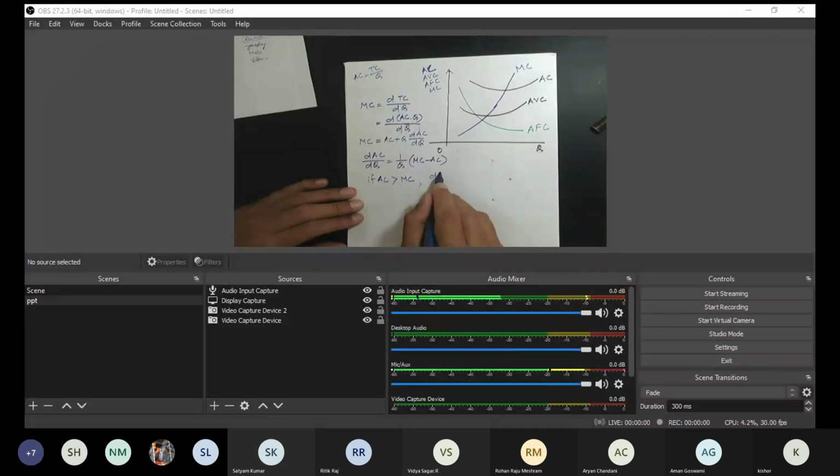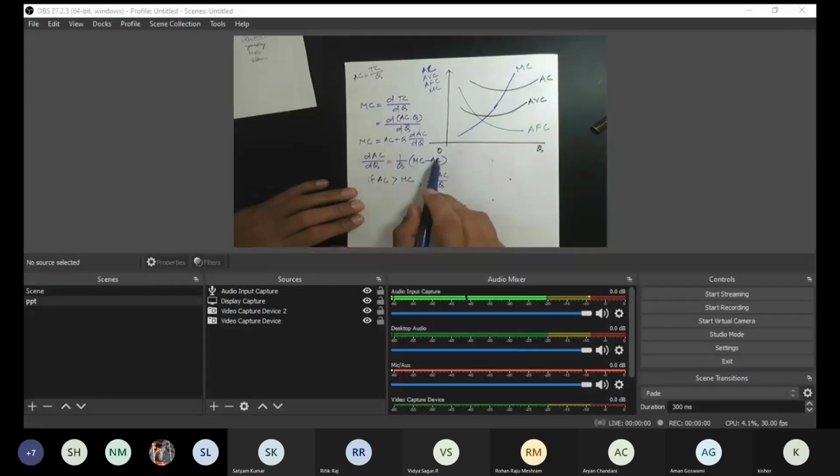What will happen to dAC by dQ? dAC by dQ represents the slope of the average cost curve. If AC is more than MC, average cost is higher than marginal cost.